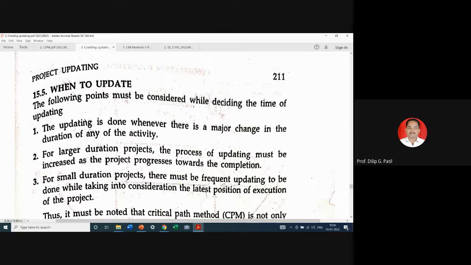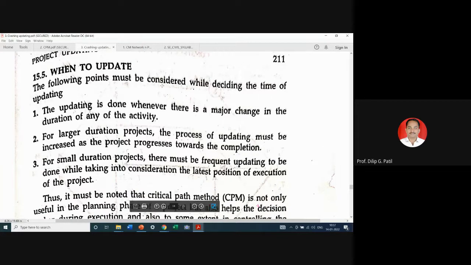If the duration of the project is more, suppose a project is of 1 year, then you may have review meetings at the interval of a month, that is 12 meetings. But if the project is of 1 month, you may have meetings or reviews at the interval of 5 days. Accordingly, we will see what are the conditions.